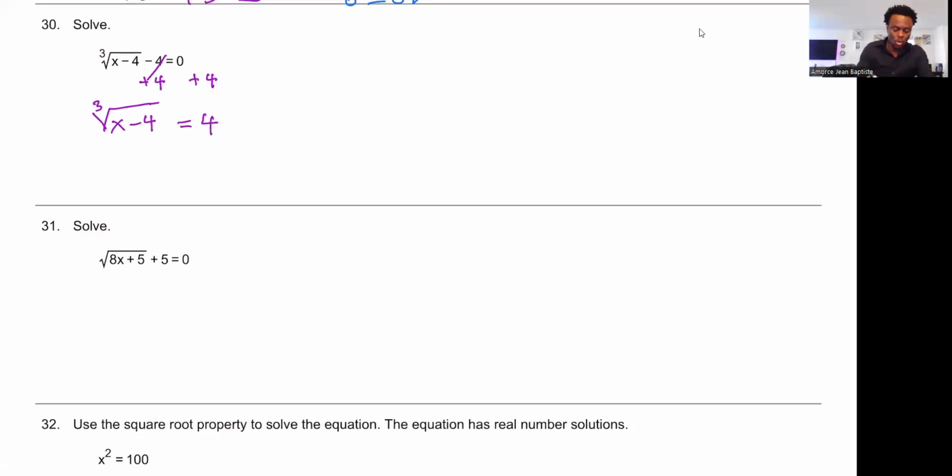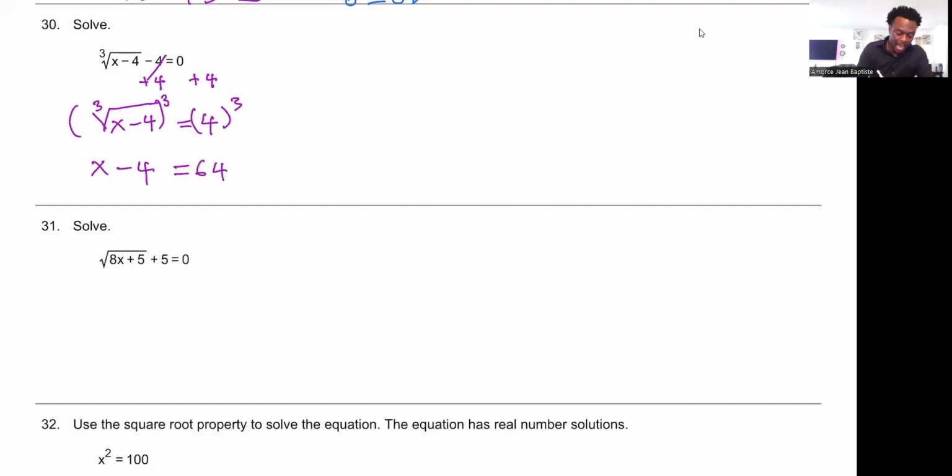So I add 4 on both sides, and then raise this to the power 3 because that's the index. And then that cancels the radical. I'm left with x minus 4 equals 64.